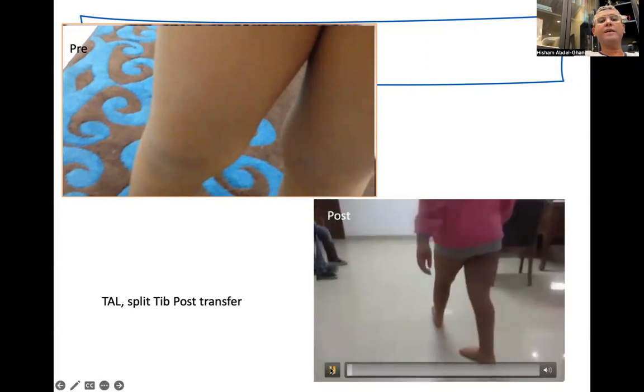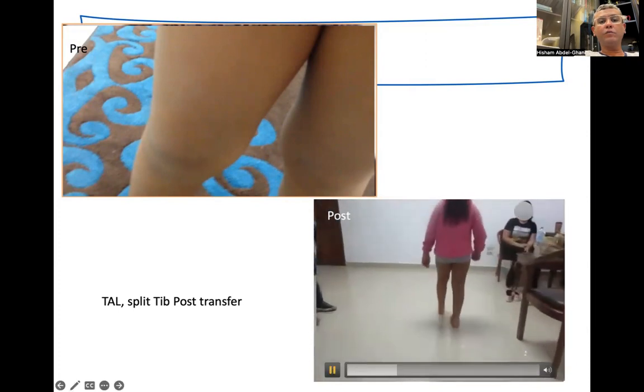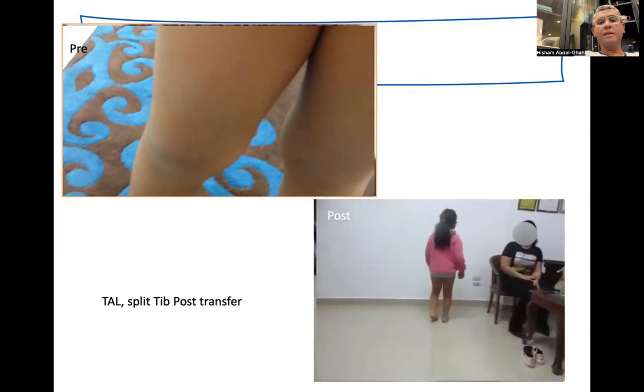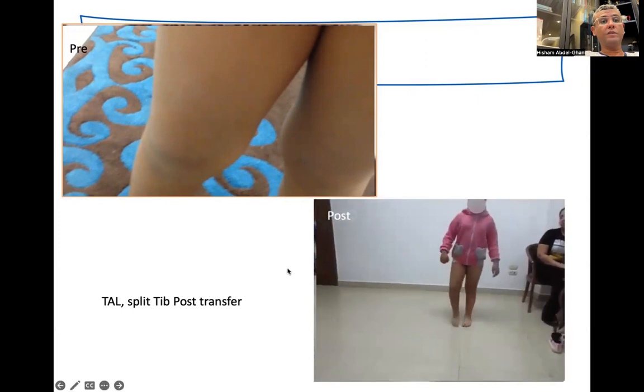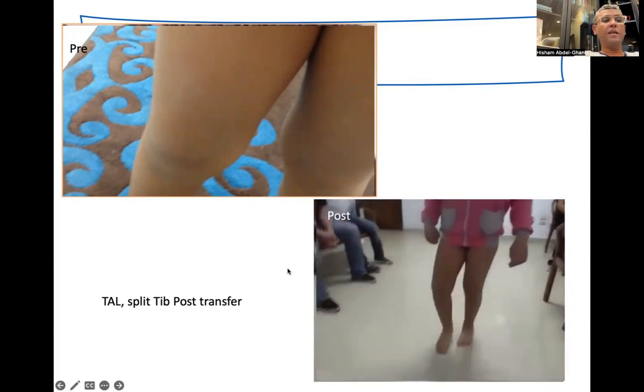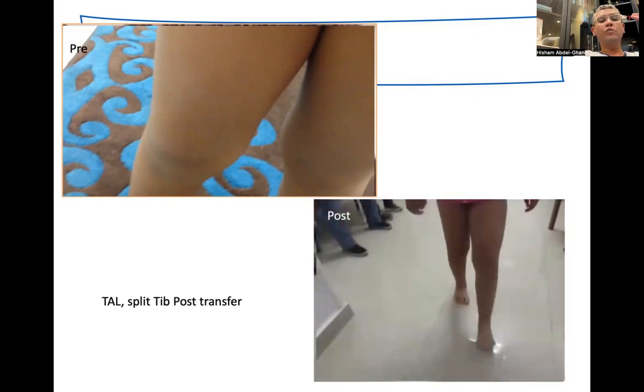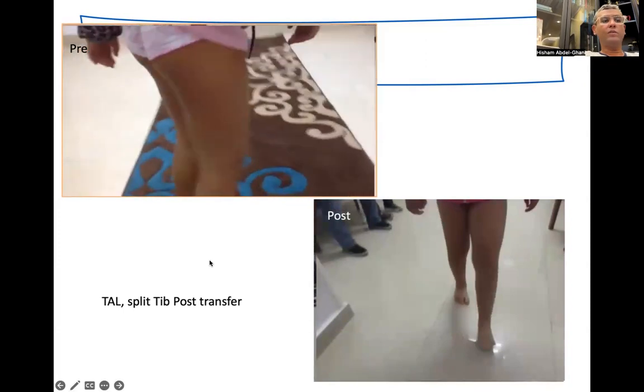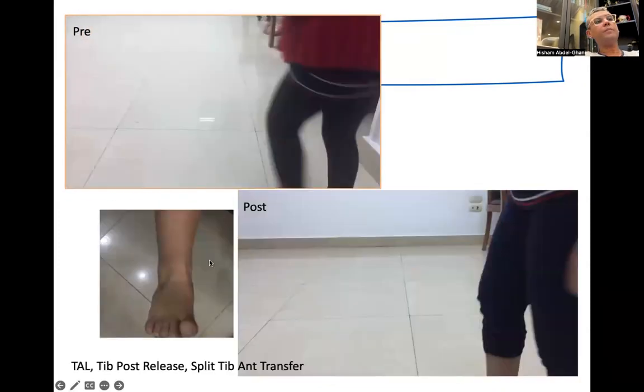Postoperatively, she has a very nice plantigrade foot with correction of the varus deformity. Sometimes, especially in hemiplegics, we may do only release of the tibialis posterior, and there is no proof that transfer is superior to release alone.